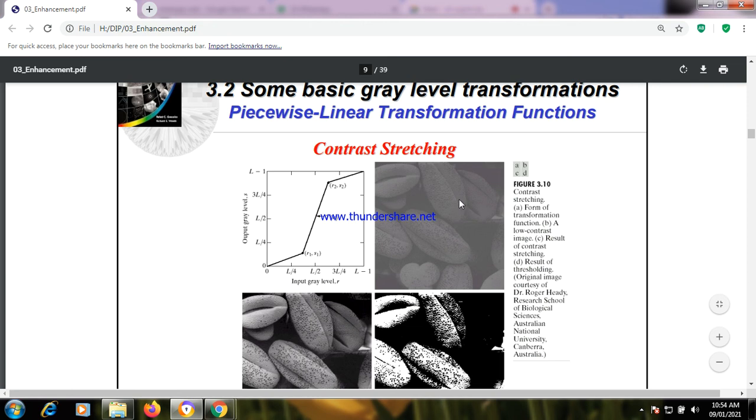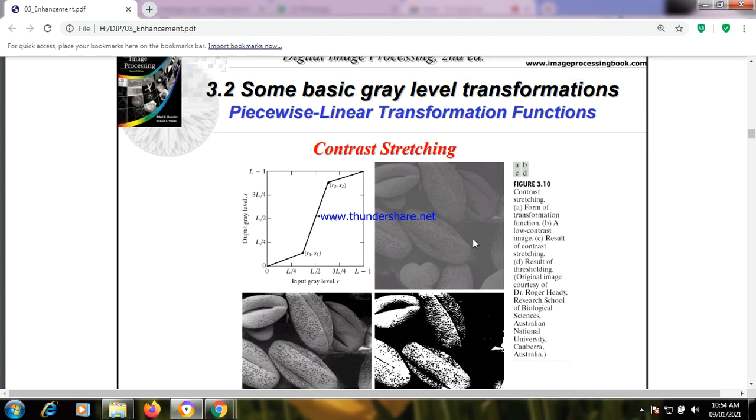In this image, whatever intensities are almost dark or a bit dark, we are making them dark only. Say the intensity range is from 0 to 255 and at the center I can have around 128 as the intensity value.